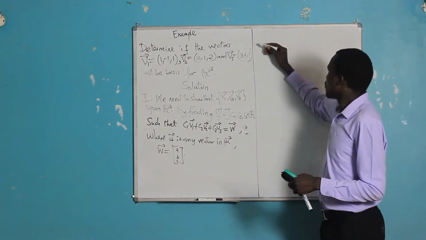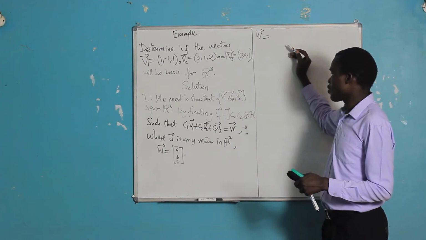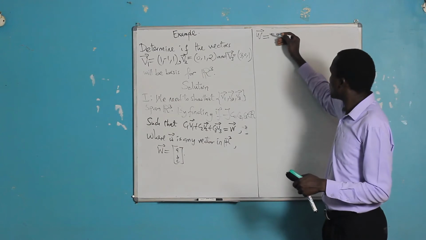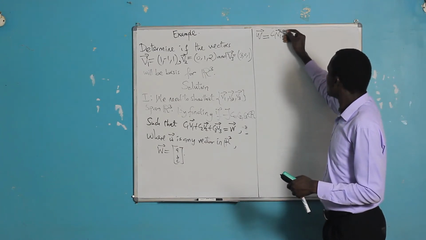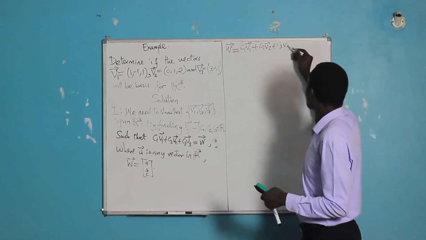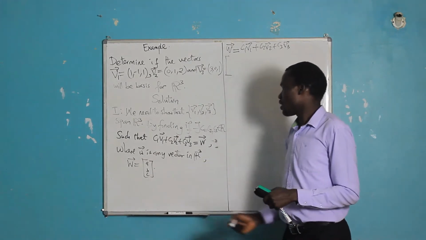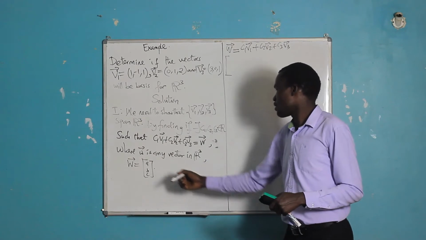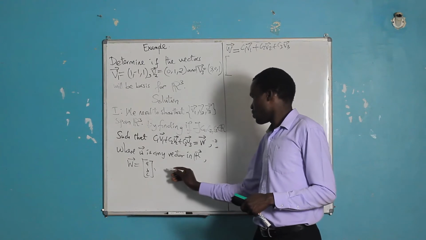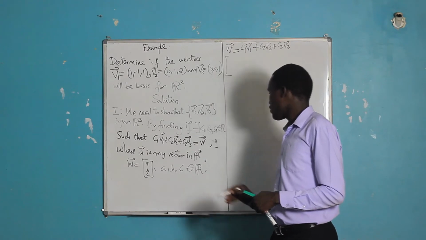We need to show that W equals C1 times vector 1 plus C2 times vector 2 plus C3 times vector 3, where A, B, and C are real numbers.